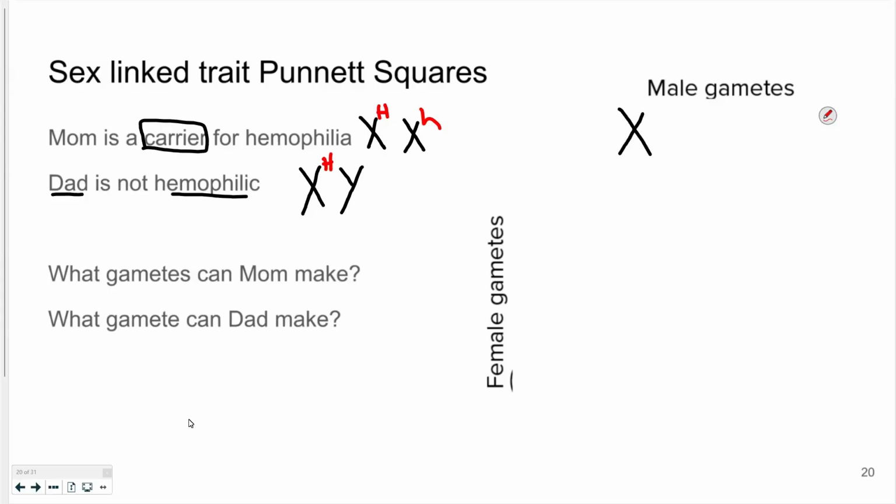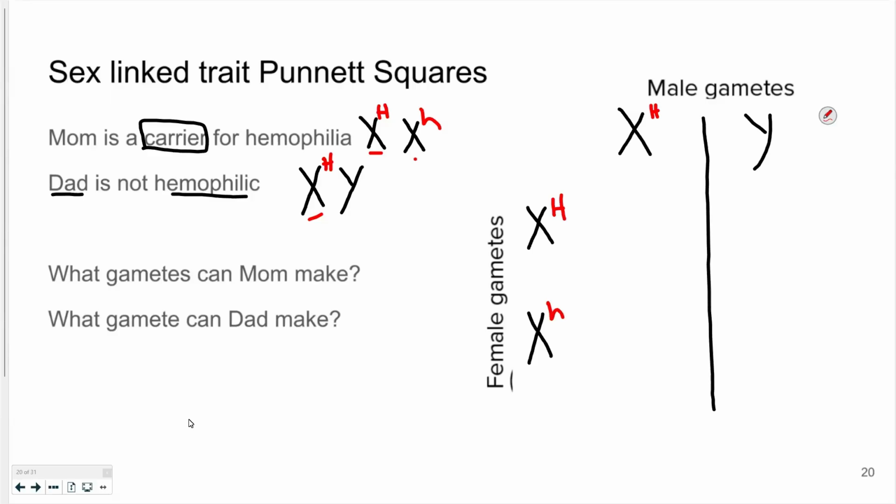So let's look at how we're going to produce our male gametes. Dad can produce an X chromosome that has the dominant allele for hemophilia, or he can create a Y gamete. Mom can create an X chromosome that has the dominant allele for hemophilia, or she can create an X chromosome with the recessive allele.